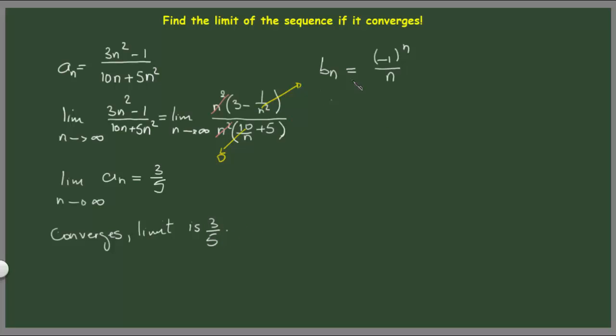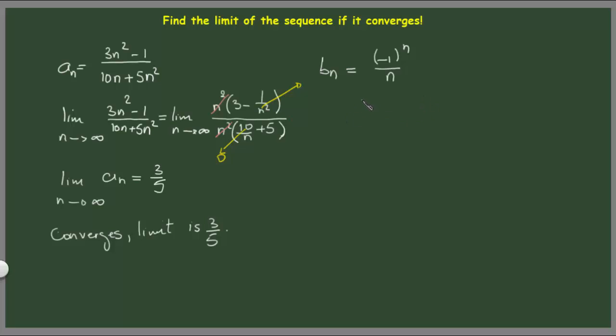Now let us see the second example. It's a little bit complicated. Even if you use L'Hopital's rule here, it's a little bit tricky, so you need a theorem for this.